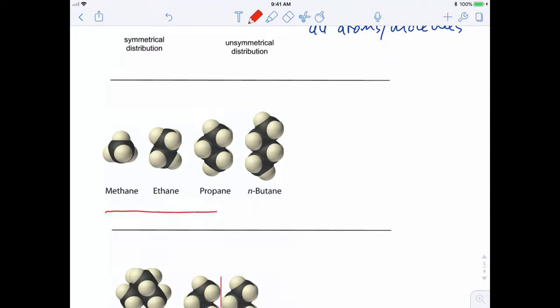So here's an example of 3 hydrocarbons that exhibit the change in London dispersion force. Methane to ethane to propane to butane. And so the strength of the London dispersion force increases from left to right. And what's the reason for this?